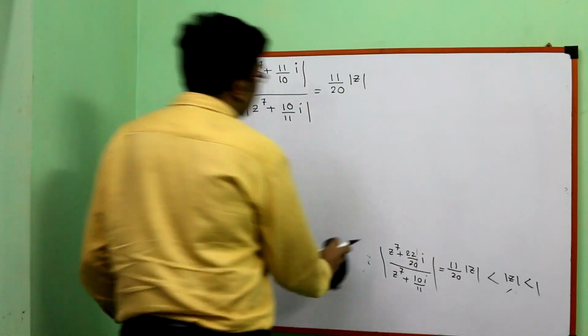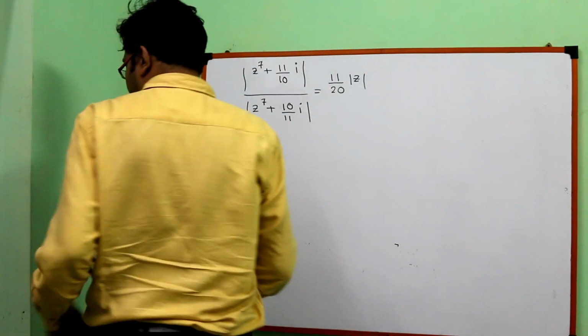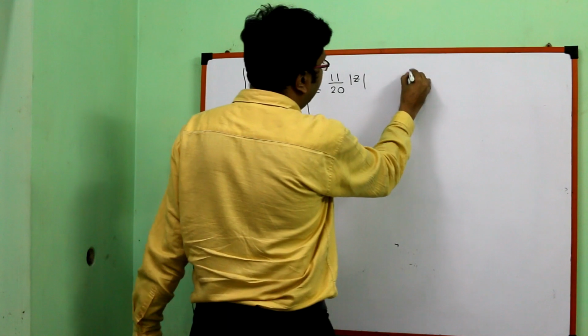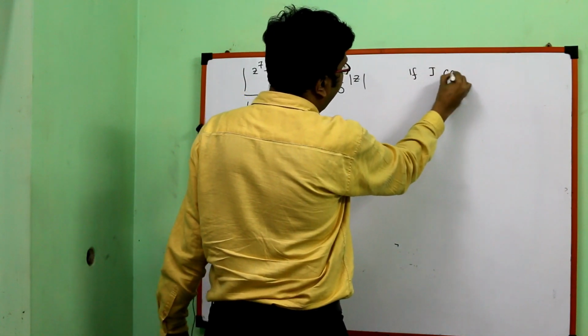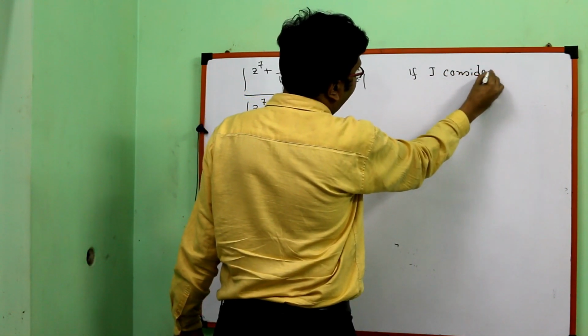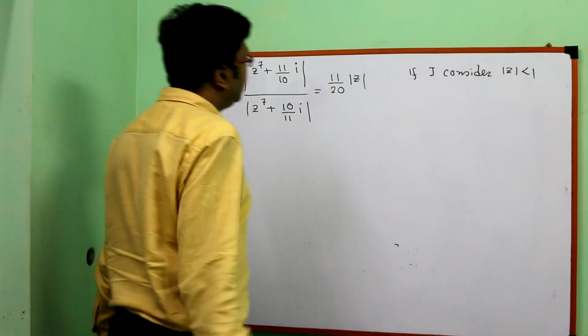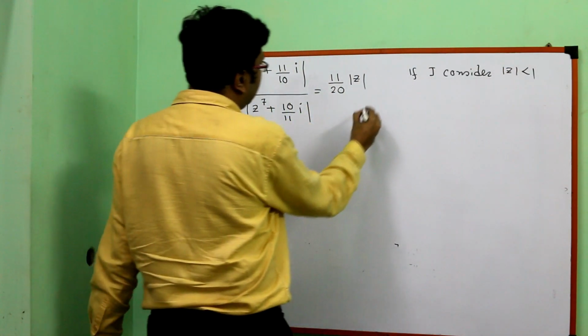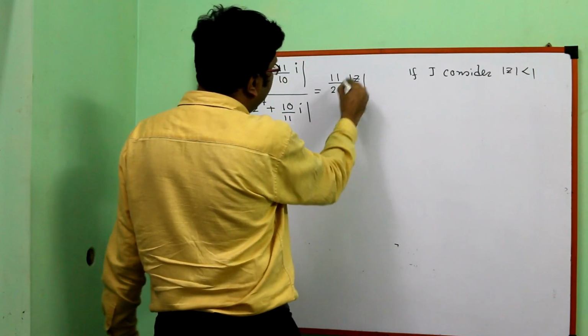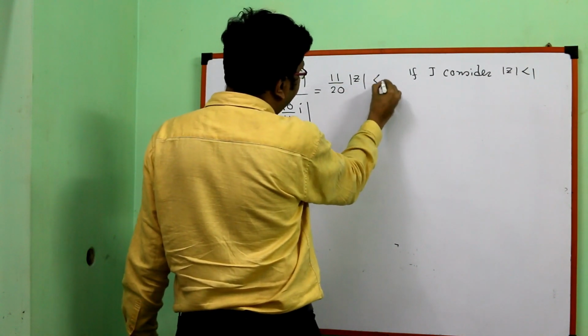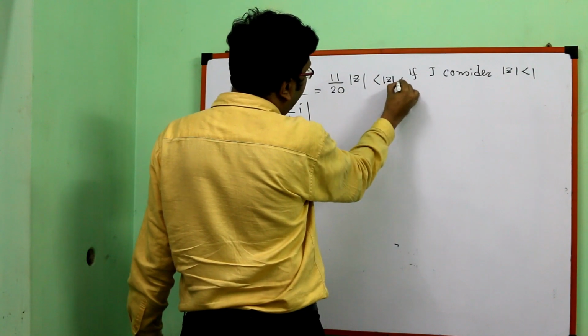Now, if I consider mod z less than 1, then this 11 by 20 mod z is less than mod z and less than 1.